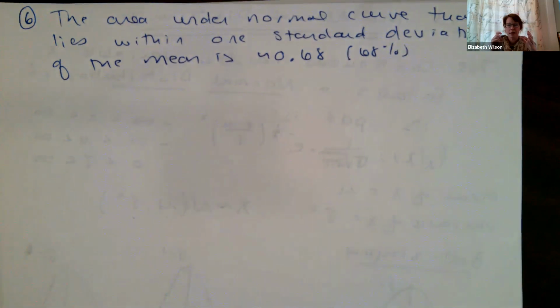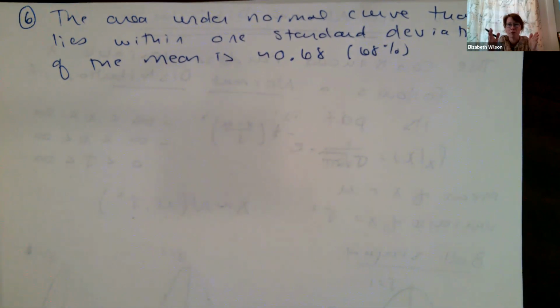Remember how I said that we take the first derivative to get the maximum value, that's our mean. Take the second derivative, it gives us our inflection points, mu minus sigma and mu plus sigma. So the area between mu minus sigma and mu plus sigma is approximately equal to 0.68, which means about 68% of our overall area lies within plus or minus 1 standard deviation of our mean.